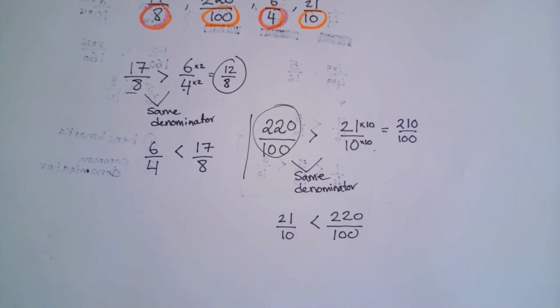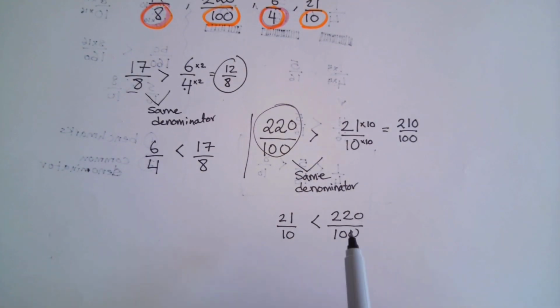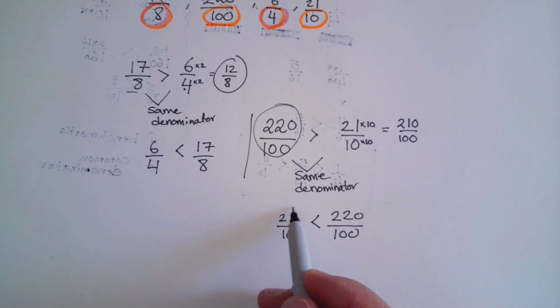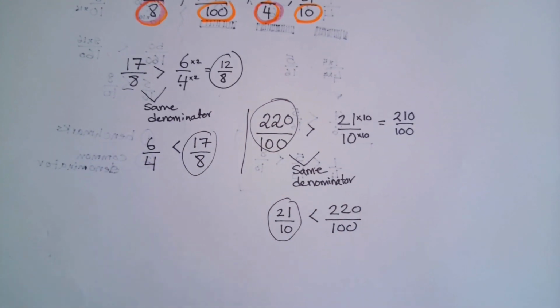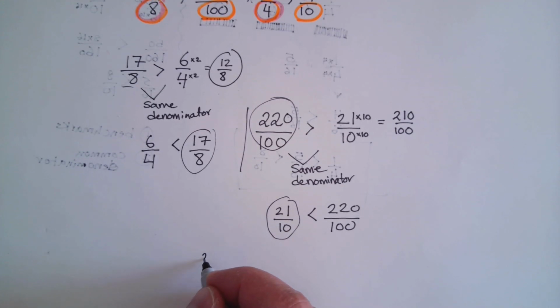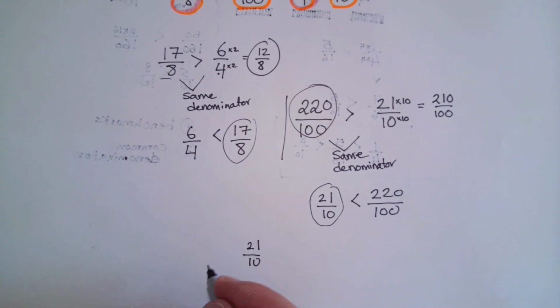Okay, all right, so now let us compare 21 tenths and 17/8. Okay, so 21 tenths and 17 eighths. Let's see which one is bigger.